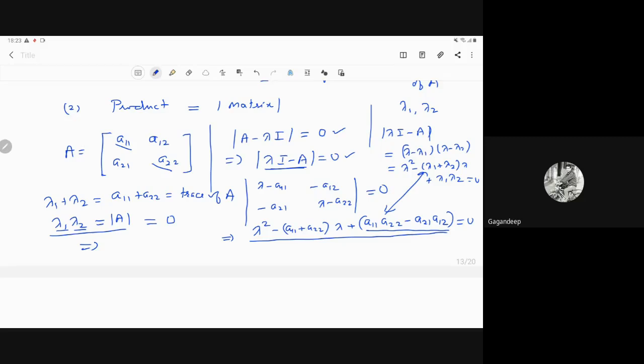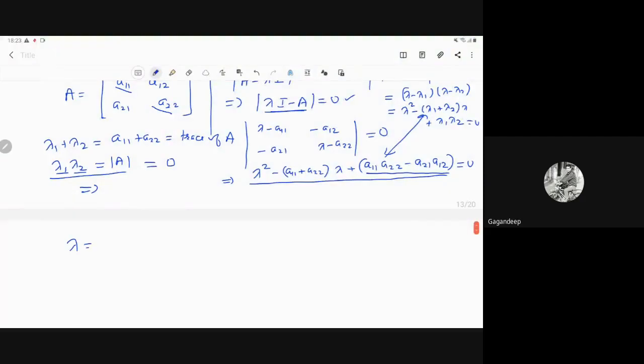So if some eigenvalue of a matrix is 0, naturally the determinant of that matrix would be 0, and vice versa. Clear? Without doing anything else, if you find the determinant of a matrix and it is 0, then you can certainly guarantee that at least one eigenvalue is 0. All right?